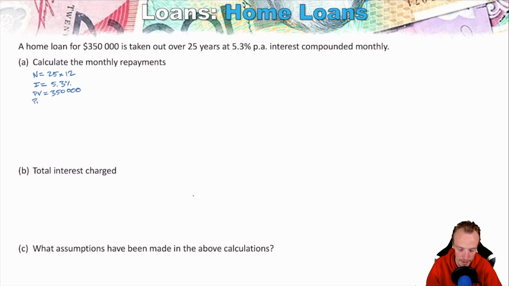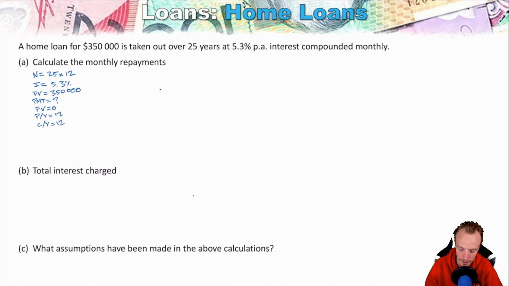The PMT, that's what we're after. That's our payments. The future value, we're looking to repay the entirety of the loan. Then the PY, we're making monthly repayments, so it's going to be 12, and the CY is also going to be 12 because it's compounding monthly. These aren't always the same, the PY and CY, so you do have to quickly check in the question.